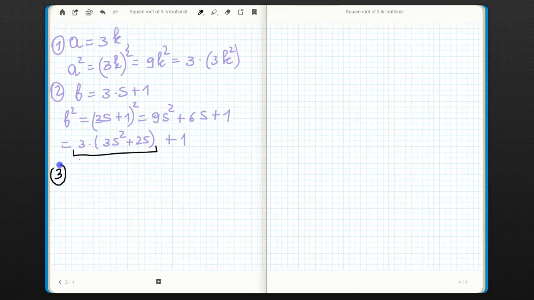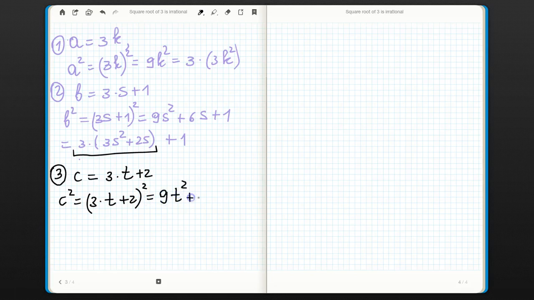The last part: c equals 3 times t plus 2, and we want to square it, so we have 3t plus 2 squared. We use once again the binomial formulas. We have 9t squared, 12t, and 4, which I can write as 9t squared plus 12t plus 3 plus 1.